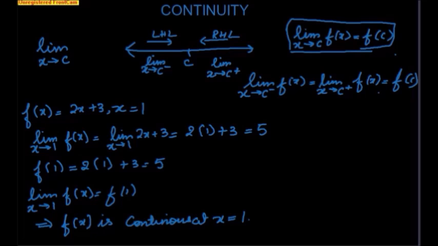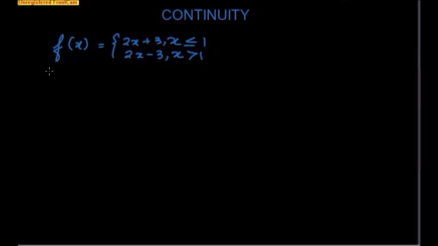Right? I'll take another example for the second condition. The function is equal to 2x plus 3 when x is less than or equal to 1 and 2x minus 3 when x is greater than 1. In this example, we'll take the second condition where limit x tends to 1 minus f(x).